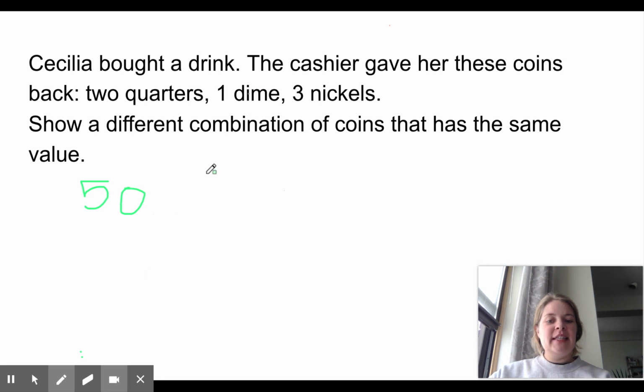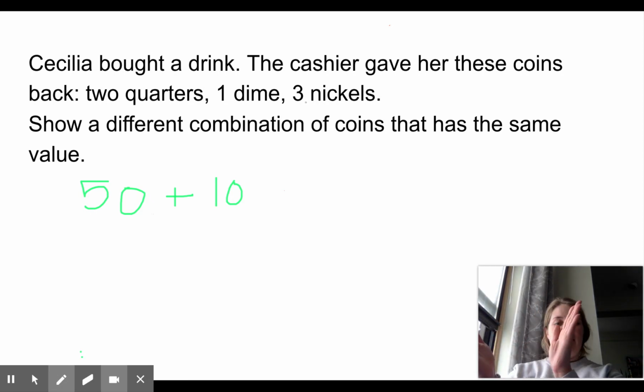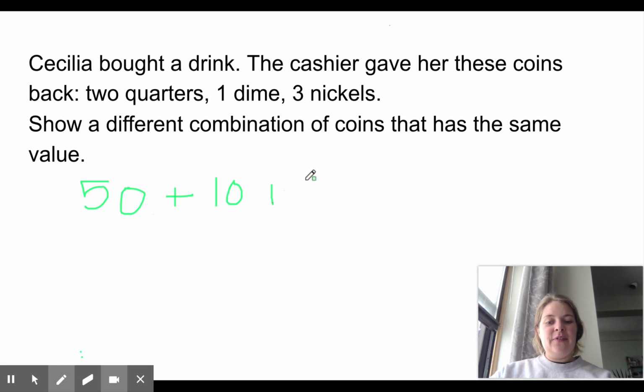Plus 1 dime. 1 dime equals how much? It equals 10. And 3 nickels. Let's skip count 5 3 times. 5, 10, 15. So we would get 15. It's a pretty easy addition.